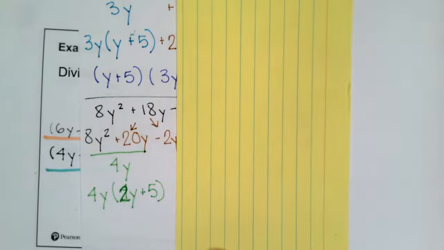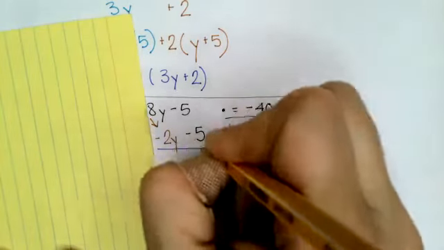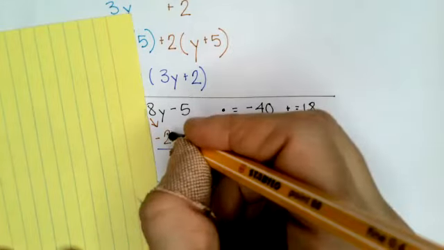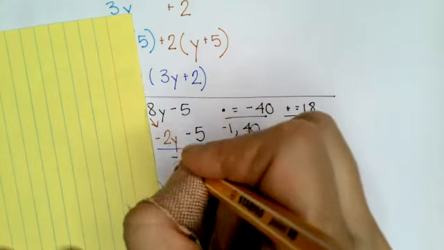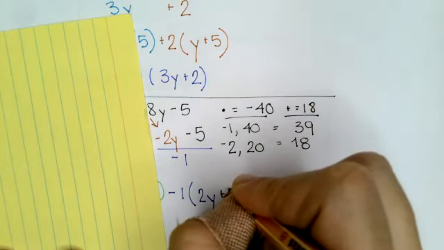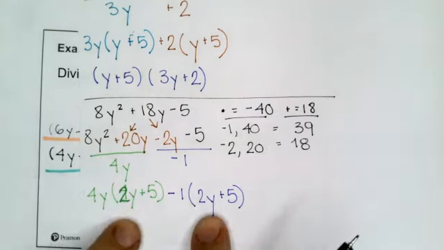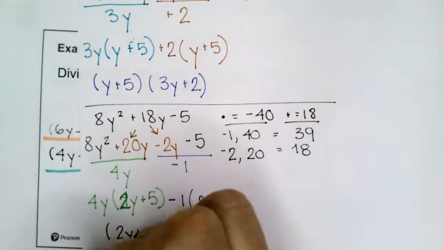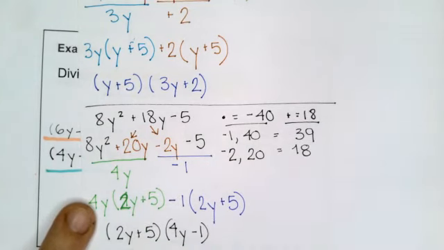Right? And then over here, we have a negative 2y minus 5. That means I need a negative number factored out. There is no factor for 2 and 5, so I'm just going to call it a negative 1. Negative 2y divided by negative 1 gives me a positive 2y. Negative 5 divided by negative 1 gives me a positive 5. Good. But we have that common factor, 2y plus 5. 2y plus 5 times 4y minus 1.